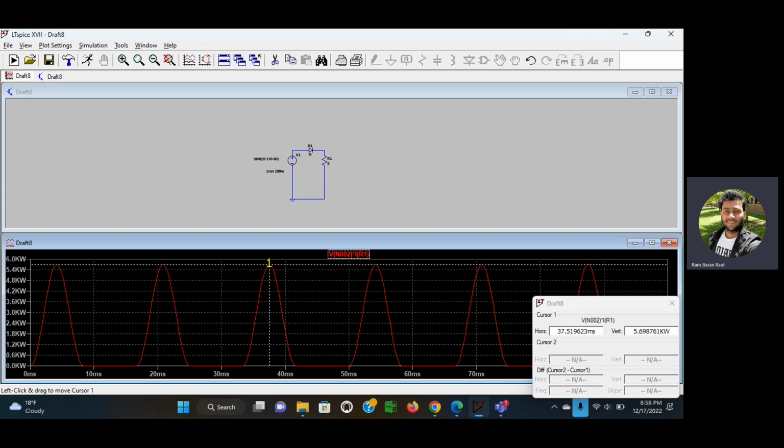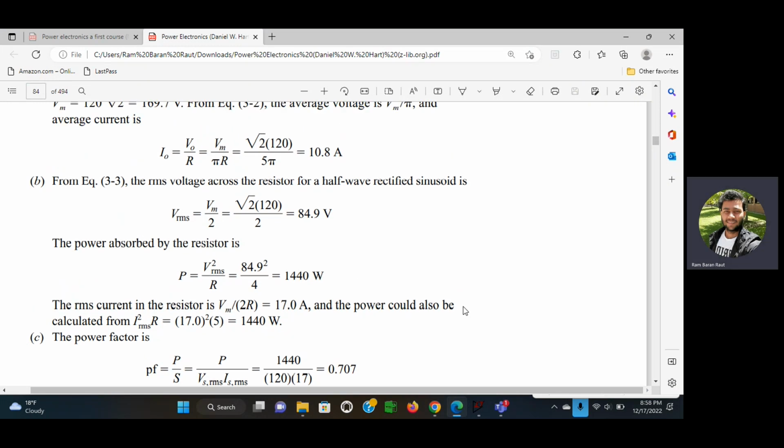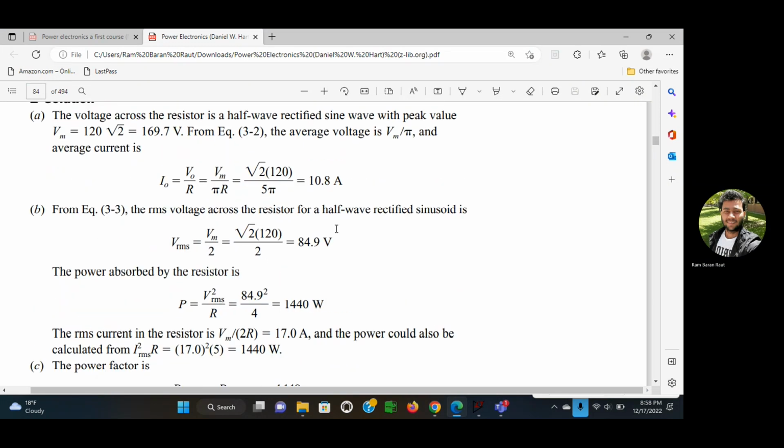So these powers, it's showing this power in peak magnitude. So how much here would they have power? Power absorbed by the resistor. Yeah, the power should be this much.